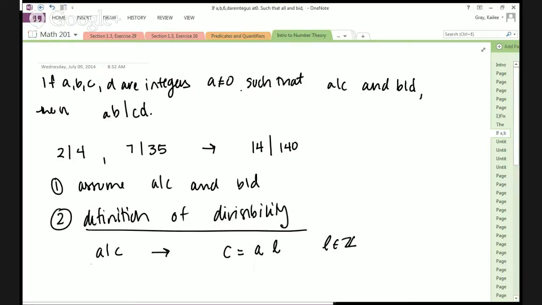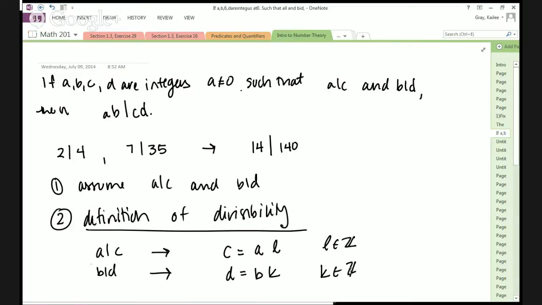And then let's write out B divides D. This means D is some multiple of B. And then just be careful with your variables. You have to make sure that you're introducing new variables that you haven't used before. Otherwise, it wouldn't make sense.